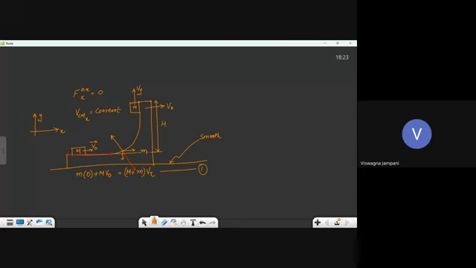And if I say I want to conserve energy for capital M only, what is your take? Sir, we could not do that, because the normal force is acting. For the whole system, we can conserve it.